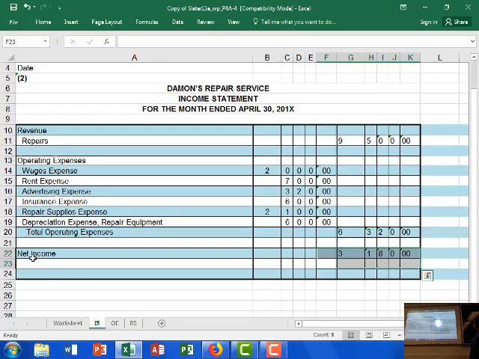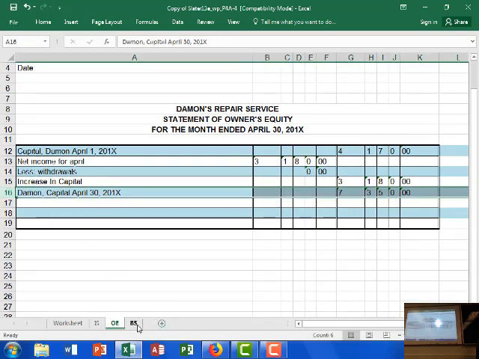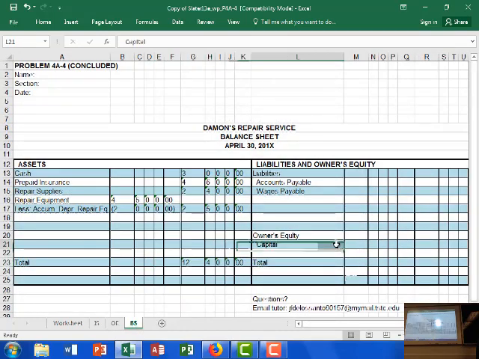You need to take the net income out of your income statement, take that over to the statement of owner's equity, use that to find your new capital, and then you take your new capital and throw it into the formal balance sheet. Okay, so this is the number that we need to come up with on the liabilities and owner's equity side so that the formula is correct.